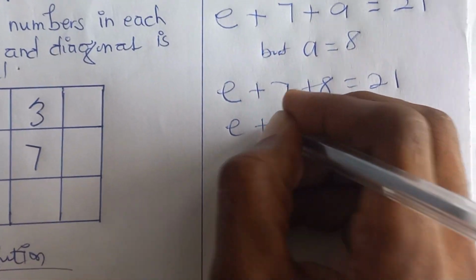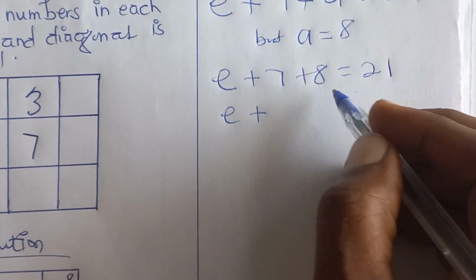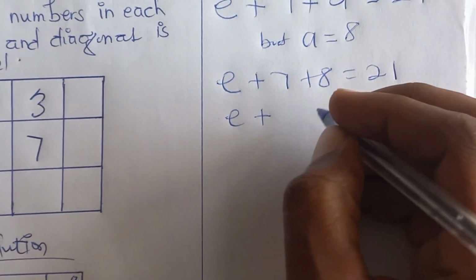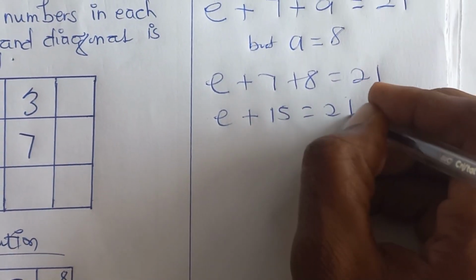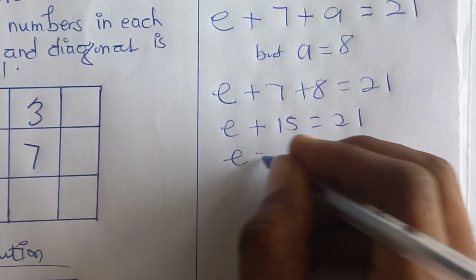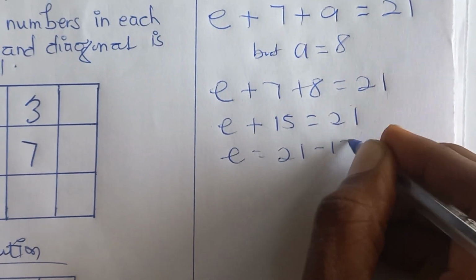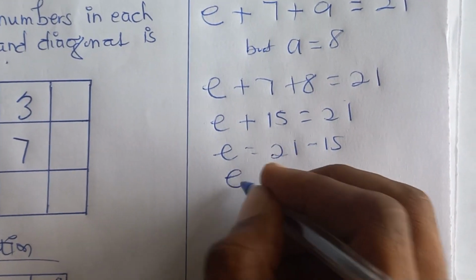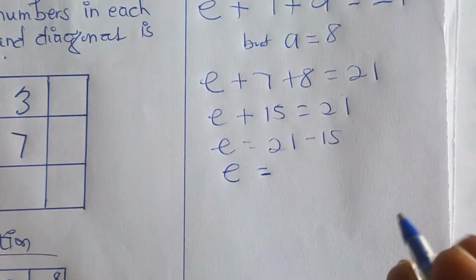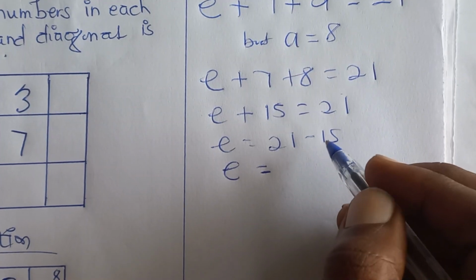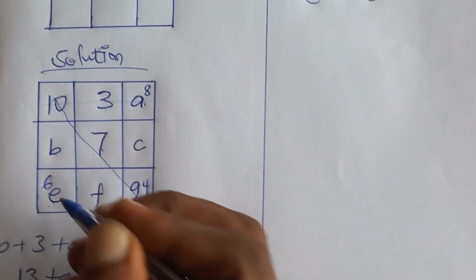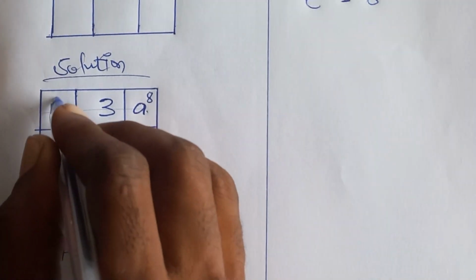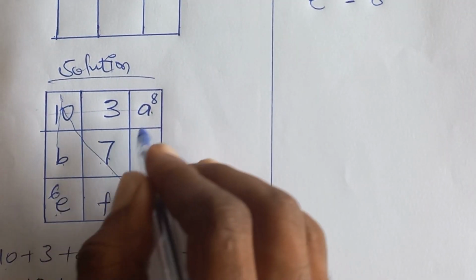So E plus 7 plus 8, we get 15, which is equal to 21. So E is equal to 21 minus 15. So 21 minus 15 is 6, so we had E to be 6. So here will be 6. Now we are done with this side too.